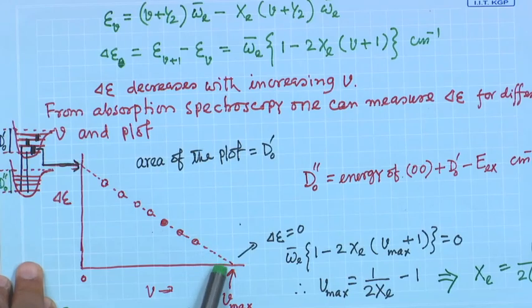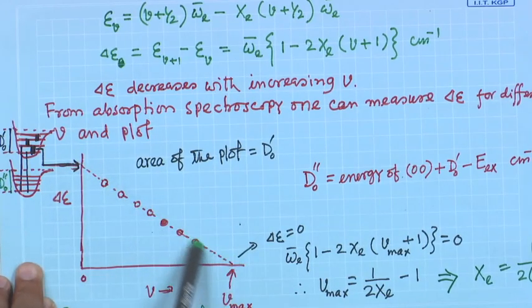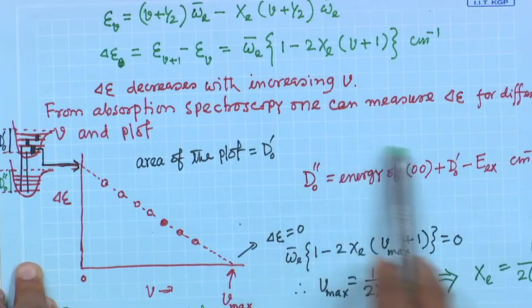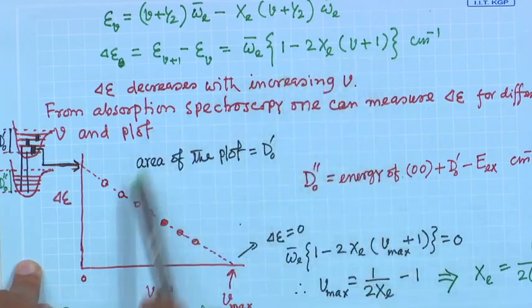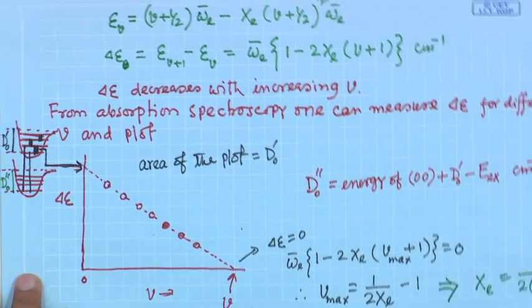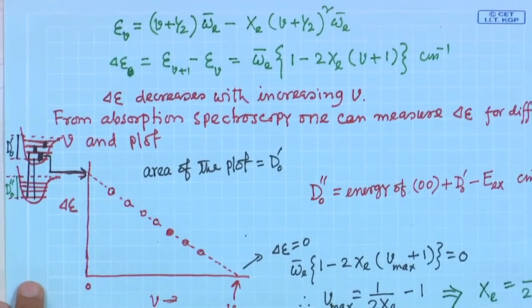Here I have connected them with a straight line. It is actually not exactly a straight line, because we have neglected the higher terms, but one can approximately consider it a straight line.